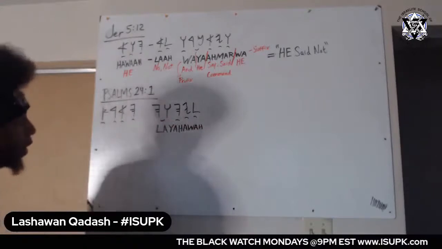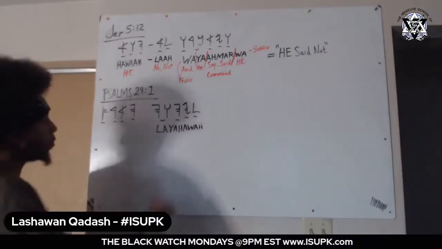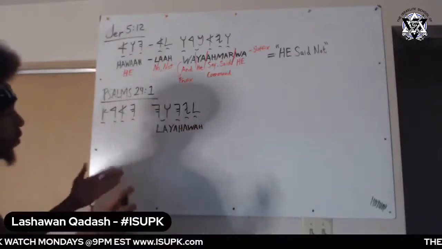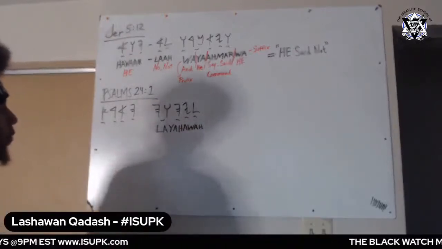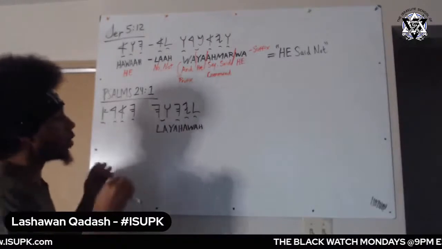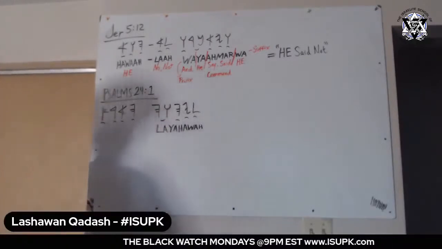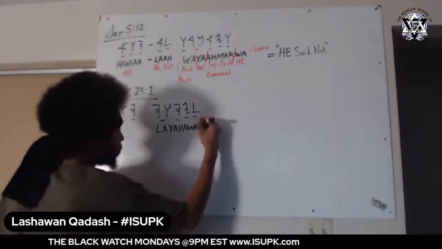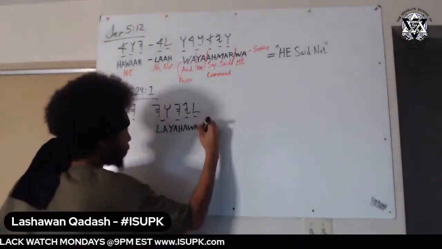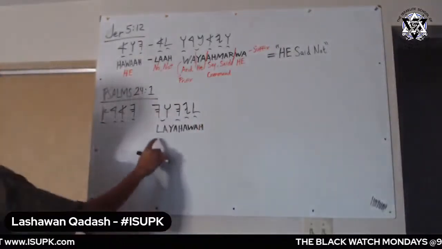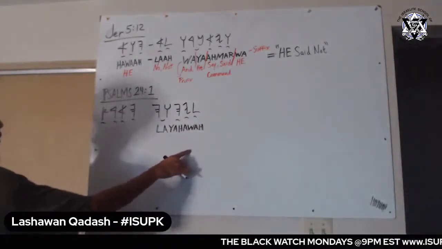And that's called an open parenthesis when a letter is by itself, or singular. When it's plural, or a closed parenthesis, that's when something is connected. If anybody needs me to break that down more in the future, I would be glad to do so. So, La Yahweh is the word.